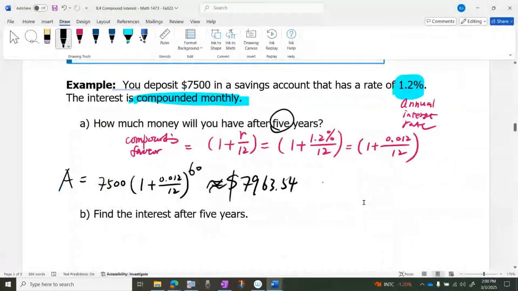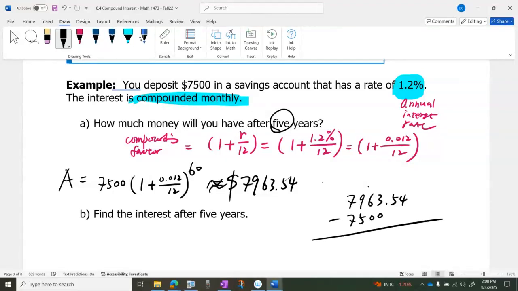Now, how much interest you end up getting is easy, right? Just again, use common sense. After 5 years, in your account, you have $7,963.54. But at the very beginning, you only put in $7,500. The difference, of course, is your interest, right? $463.54.